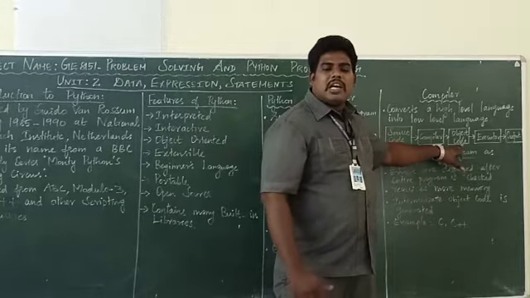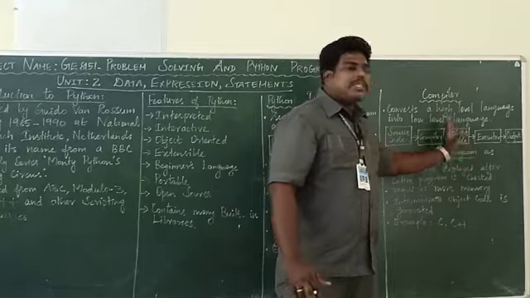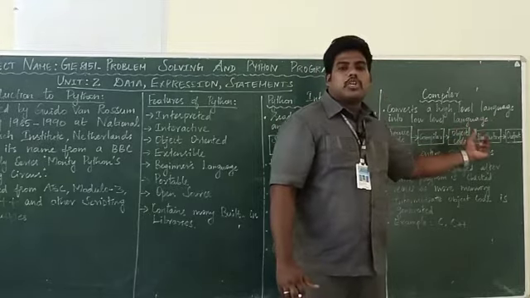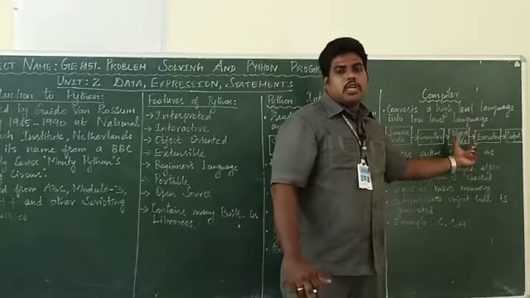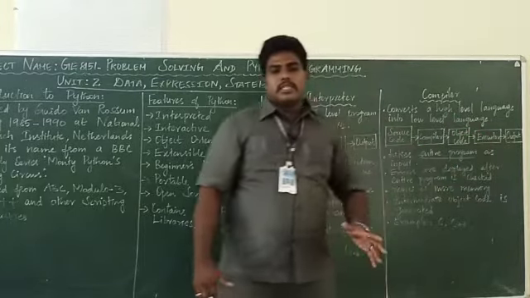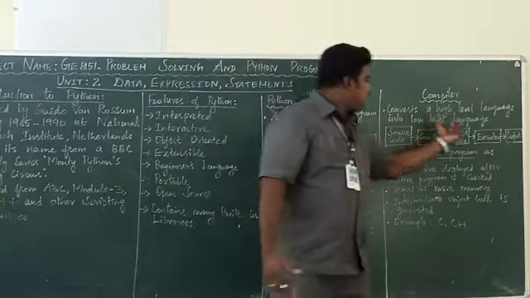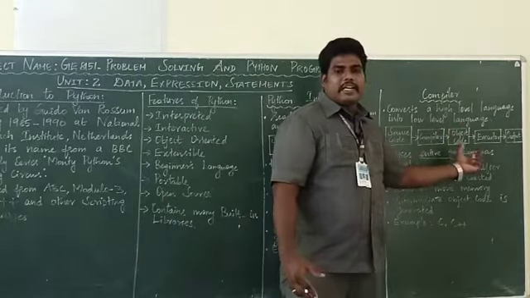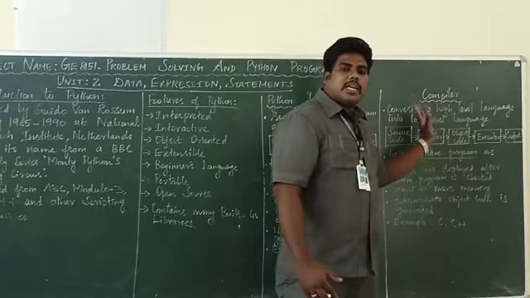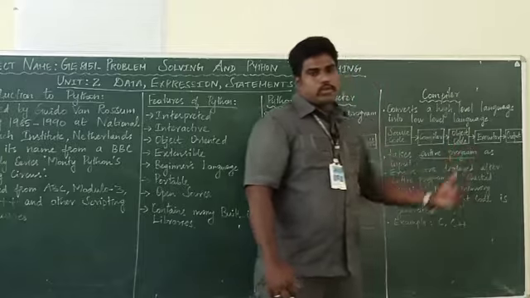The linker will link all the predefined libraries into the object code. Then it will give an executable file. The executable code will be given to the system CPU and it will be processed. So one intermediate code gets generated while converting the high level into low level.